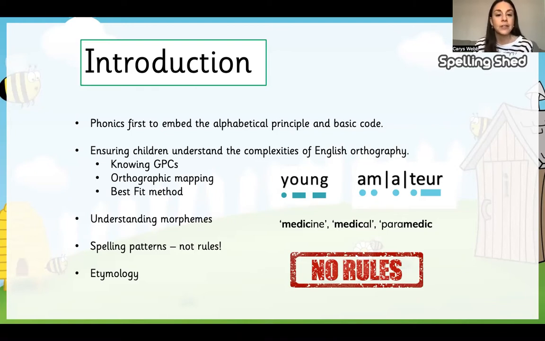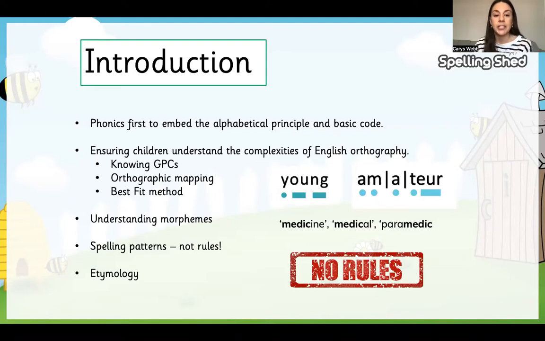And this is because rules insinuate that there is a clear right or wrong. Whereas often when it comes to spelling, there isn't, and GPCs can often be in different places in words. And particularly when we're looking at common exception words, they don't always follow specific spelling rules as such. So we call those patterns.